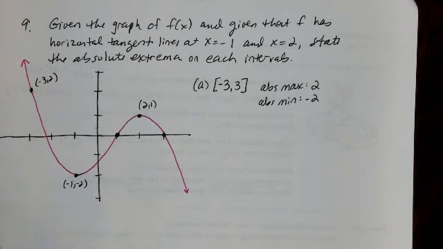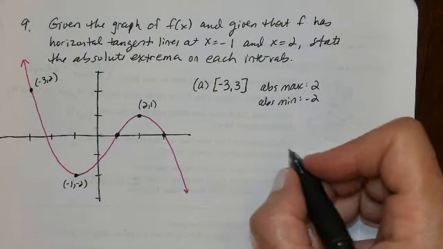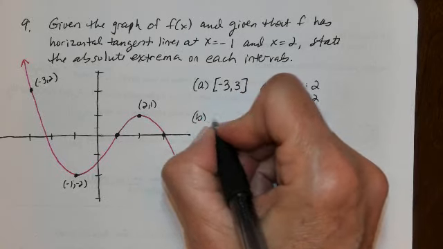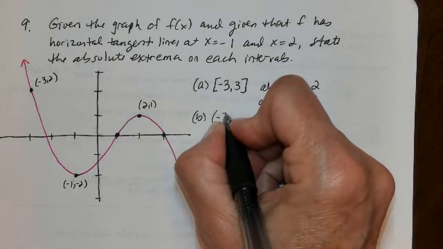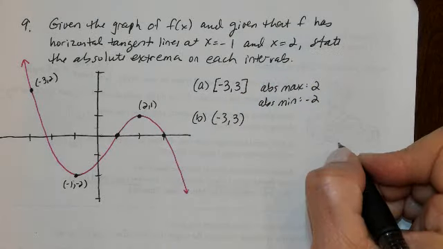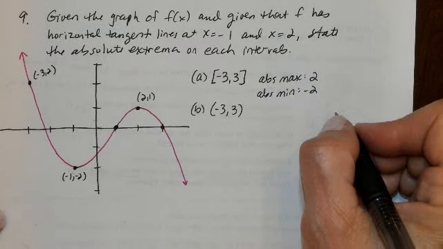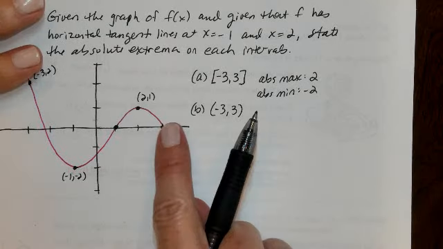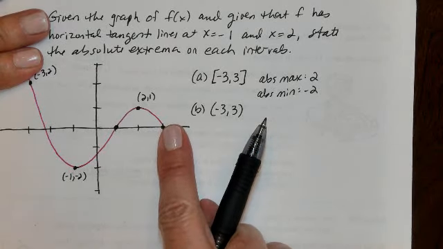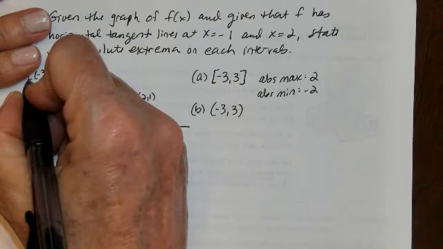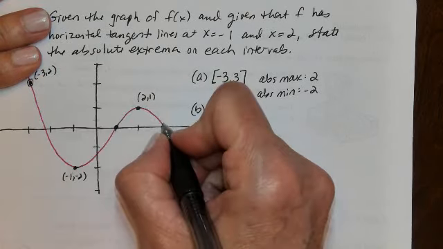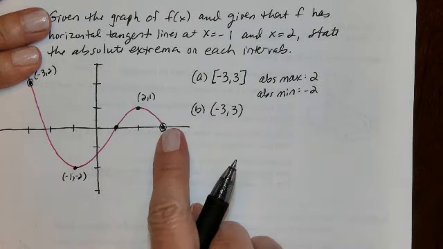Okay, let's go to another interval. What about if we open up those intervals up there? So now we're still covering these up, but now we have open circles right here and right there.